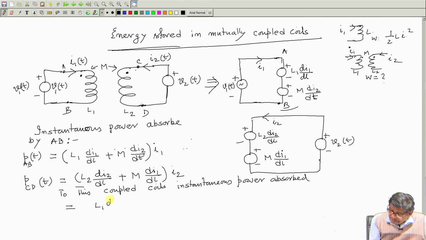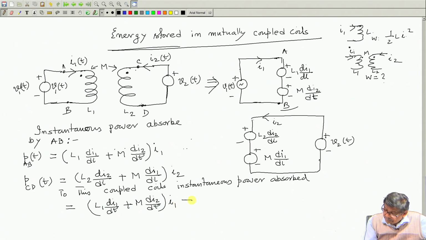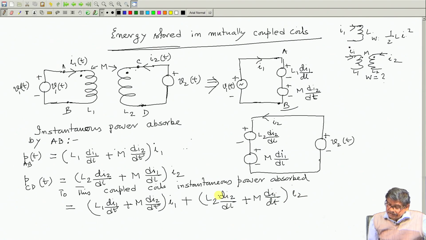So, (L1 di1/dt plus M di2/dt) into I1, plus (L2 di2/dt plus M di1/dt) into I2. This will be the instantaneous total power, P_T, let me write.